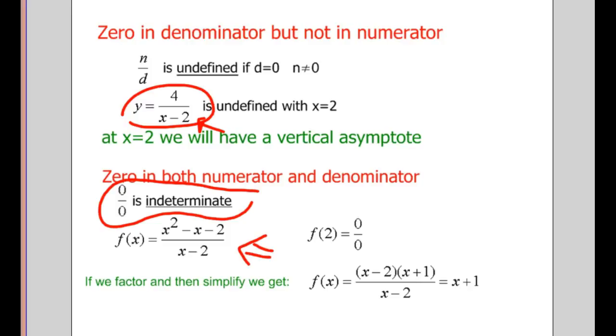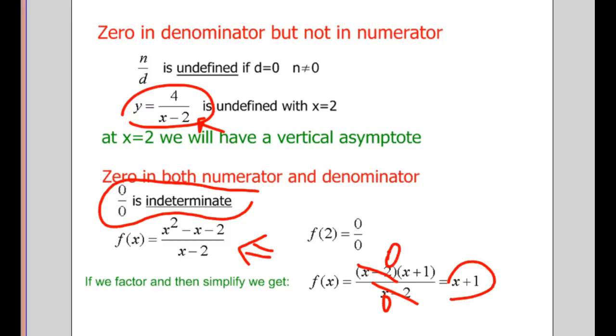You have x minus 2, x plus 1, and then an x minus 2 in the bottom. The x minus 2's can cross off, and you're left with just x plus 1. So this would be considered a hole in your graph. It's not a vertical asymptote anymore because it makes your numerator and your denominator 0 in this area. 0 here and 0 here, right?